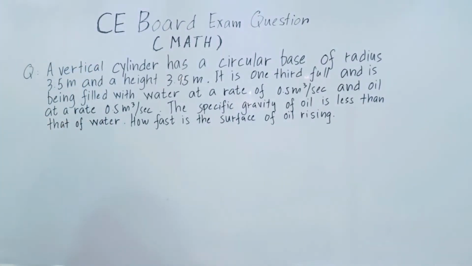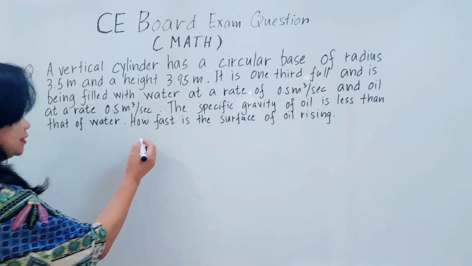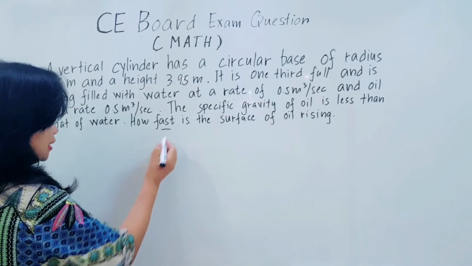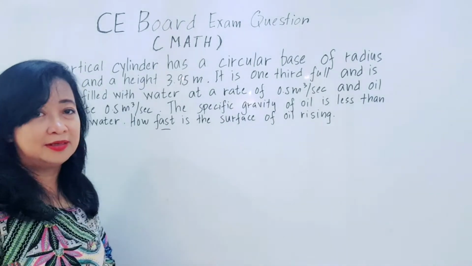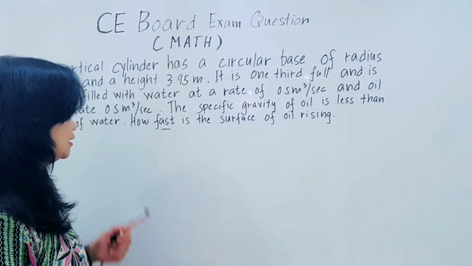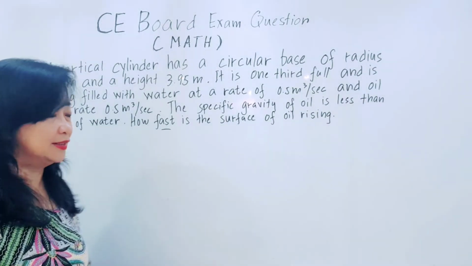Now here, of course, when we say how fast, this is the rate of change of the height with respect to the time. Meaning, it is the derivative of the height.